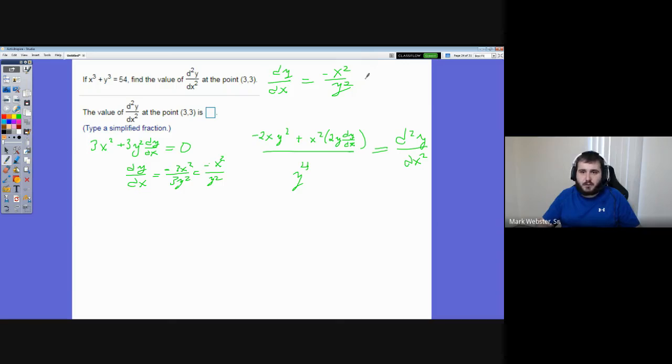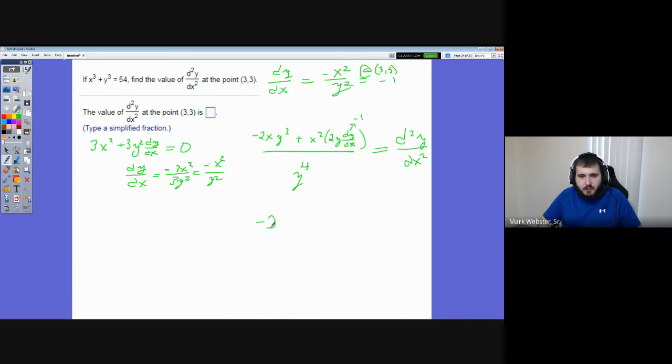So you don't have to. You can find out that 3 squared is 9, 3 squared is 9, so at the point (3, 3), this is going to be negative 1, right? And you just plug in 3 everywhere you see an x and everywhere you see a y.